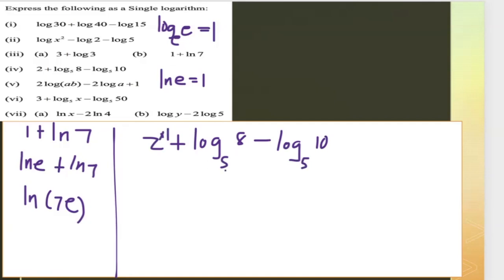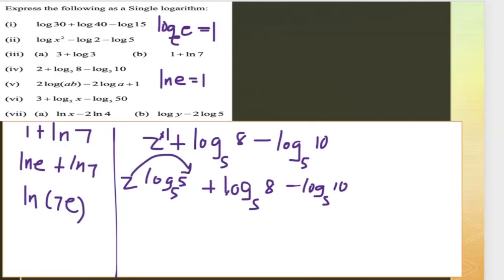And the 1 now, because we have base 5 here, we're going to change the 1 to log base 5 of 5, because log base 5 of 5 is 1, so 1 times 2 still gives me the 2. Then I have plus log base 5 of 8 minus log base 5 of 10.